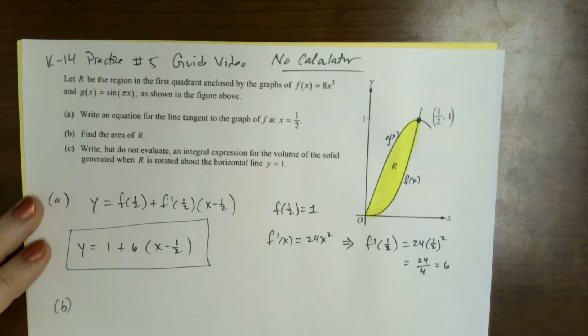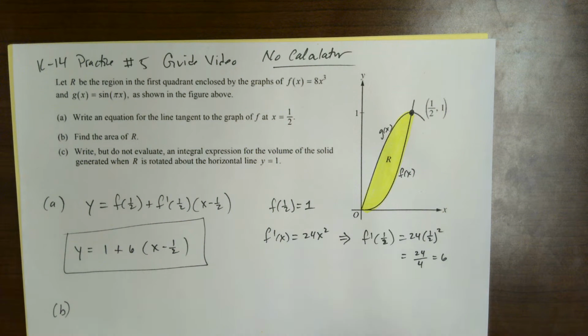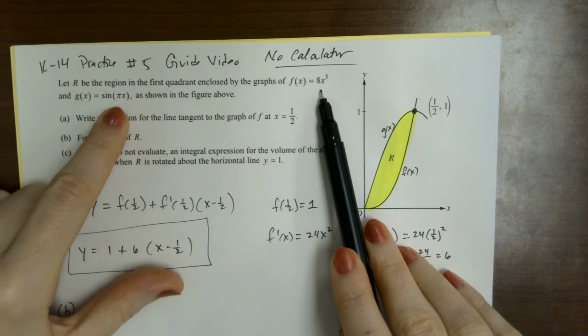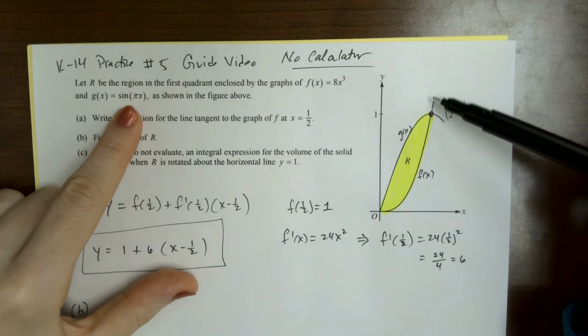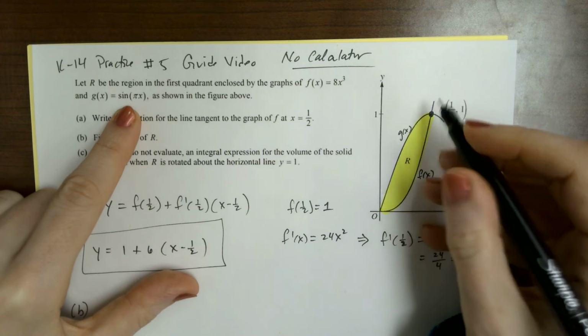All right, so anyway, if we're going to find this area, we've got to use top minus bottom or right minus left. Top minus bottom, you need everything in terms of x. Right minus left, you need everything in terms of y. And we're starting out with these functions in terms of x already, so hopefully top minus bottom will work, and it does. This region passes the vertical line test.